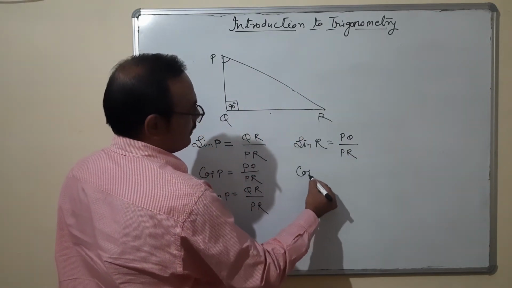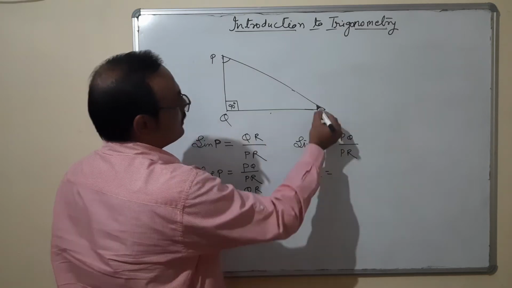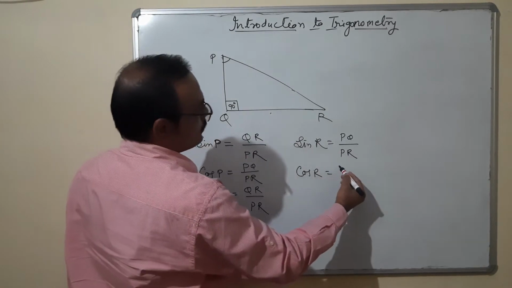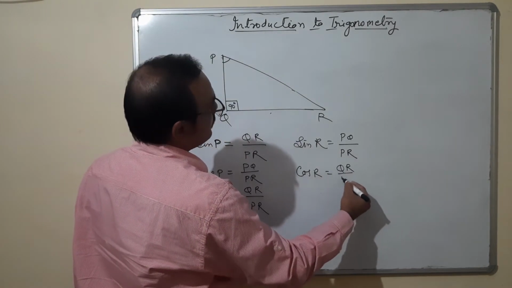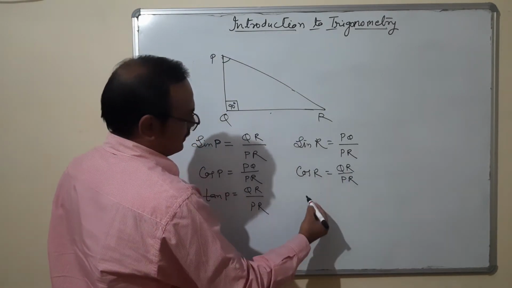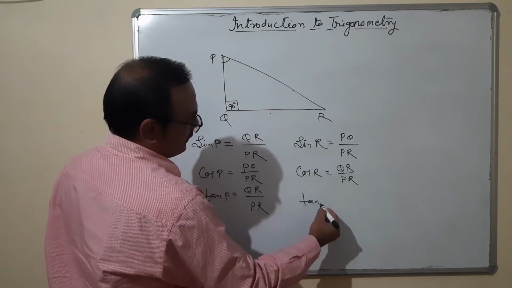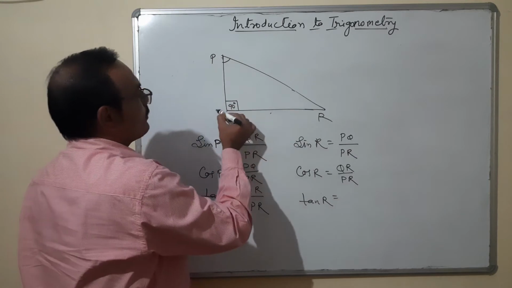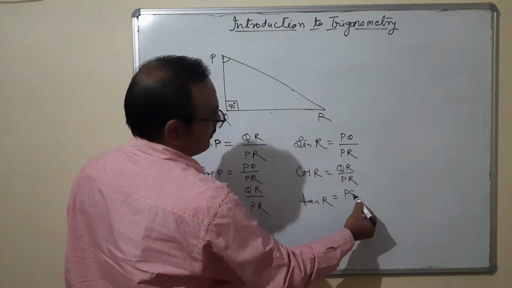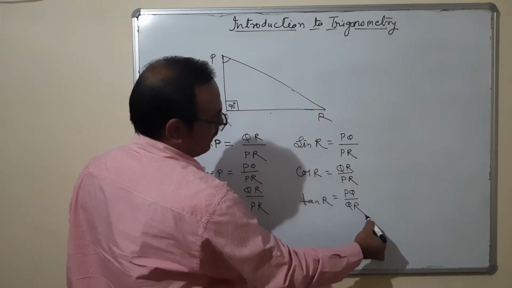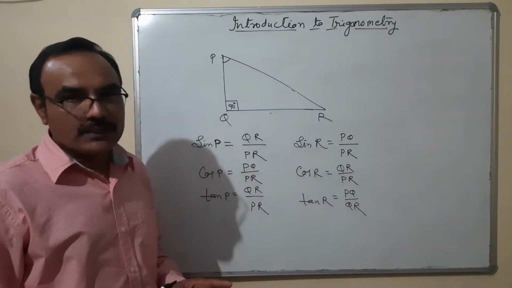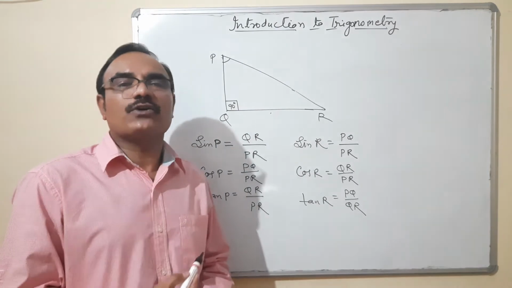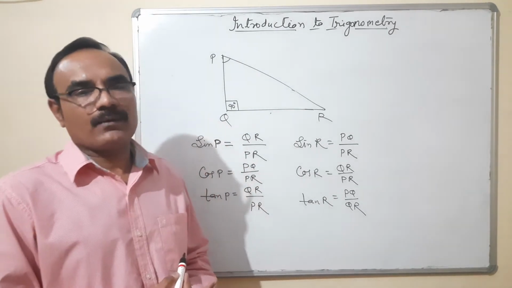Cos R is equal to, opposite is perpendicular, that is base, QR upon PR. And tan R is equal to perpendicular upon base, PQ upon QR. So we will always remember that whatever angle we are taking, its opposite side is always the perpendicular.